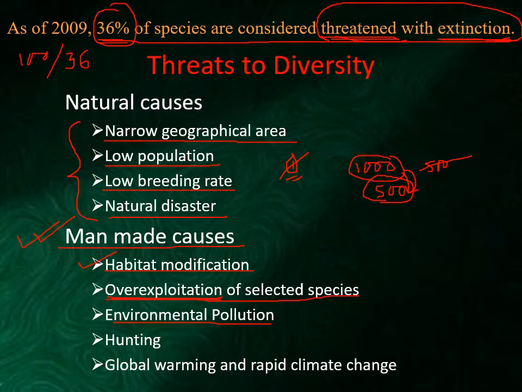Whenever those pollutants are released from industries or from households and mix with the environment, with nature, they may cause severe damage to different species as well as the environment. So by increasing environmental pollution more and more, we are threatening and harming different species regularly. Hunting, sometimes we hunt just for fun, for no reason.